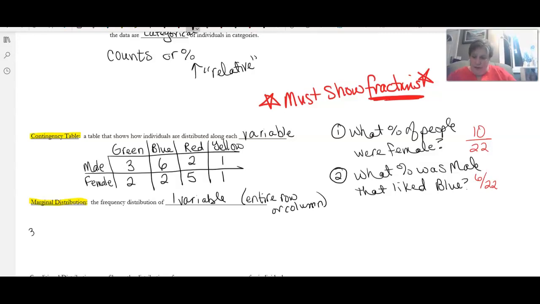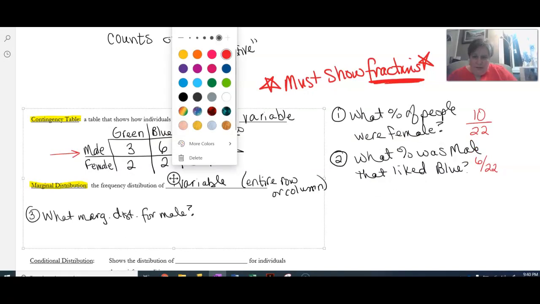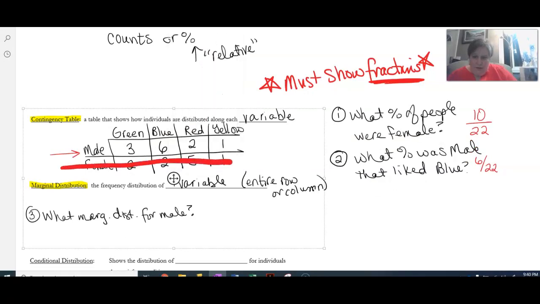Okay, so for number 3, what is the marginal distribution for male? Okay, if you put it in the same order that the table's in, you don't have to identify it. If you notice here, you see how male is horizontal? If I write my answers horizontal, then it works. So what you're going to do here is you are actually going to ignore this whole row.